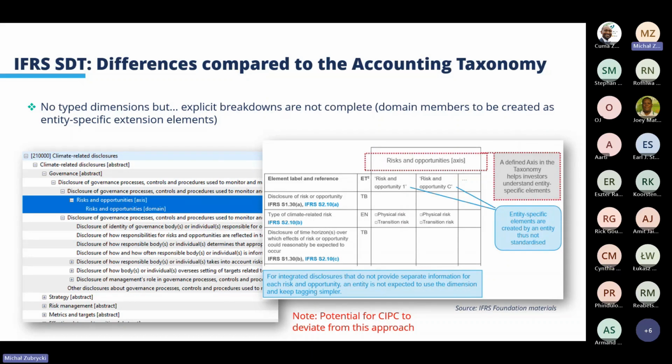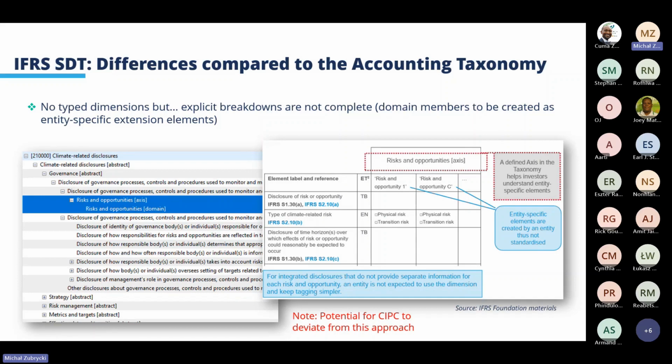So for the filers, it will be important, but it will be more important for the software vendors that would actually need to make relevant provisions at the level of the software that would allow a certain approach to be followed. It is also relevant from the perspective of the regulators that intend to apply this taxonomy.